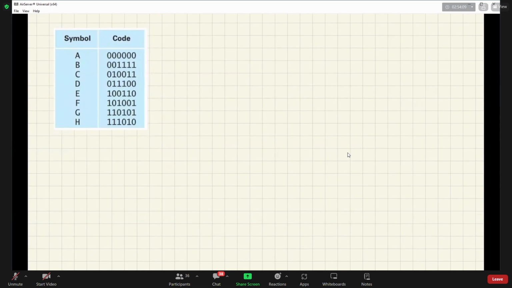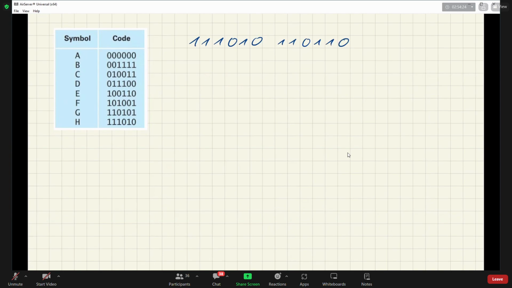So the first bit pattern that we received was 1 1 1 0 1 0 and 1 1 0 1 1 0.